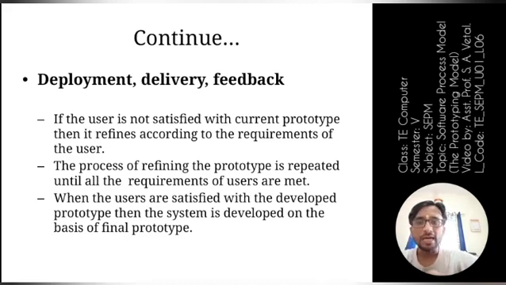When the user is satisfied with the prototype, then the system is developed on the basis of the final prototype. The last prototype with which the requirements of the user are met will be the final prototype, and the final system is developed on that basis. So these are the different phases carried out in the prototyping model. There are 5 phases that we have seen.